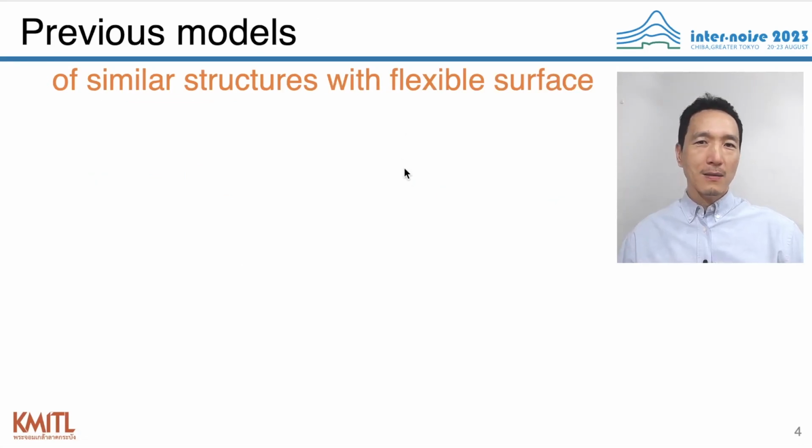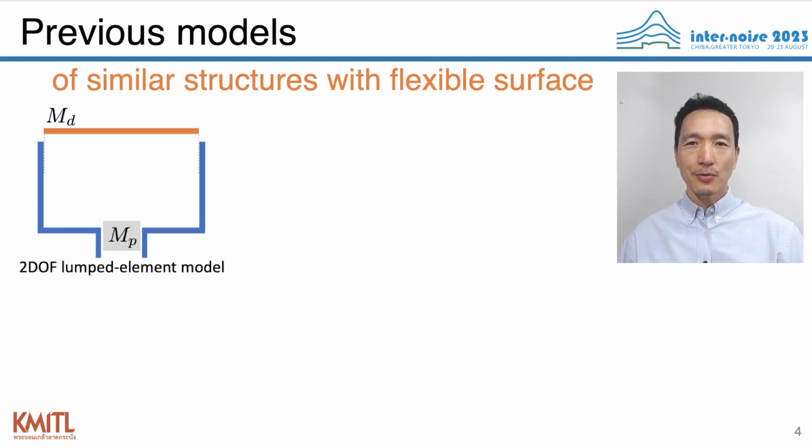In the past, there were some successful models that could explain the resonance characteristics of the Helmholtz resonator with a flexible surface. For example, a 2-degree of freedom lumped element model was set up where the flexible surface was assumed to be the second mass.